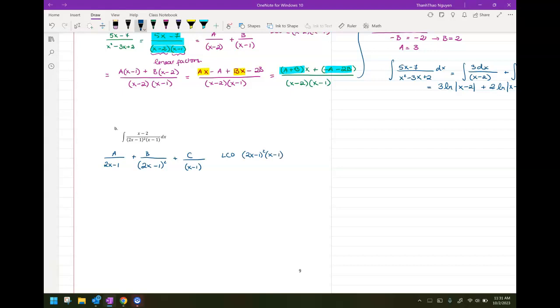Which means we have to multiply the first term, that would be a times 2x minus 1 times x minus 1, plus b times x minus 1 and plus c times 2x minus 1 squared. So let's go ahead and multiply everything out and combine like terms.